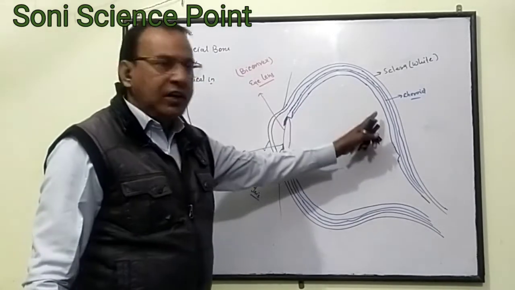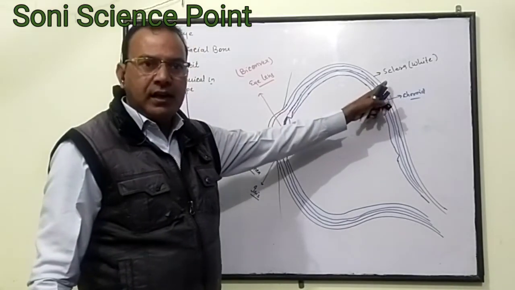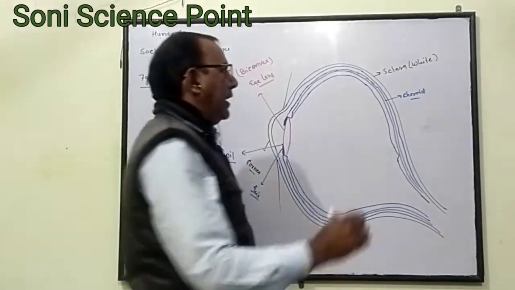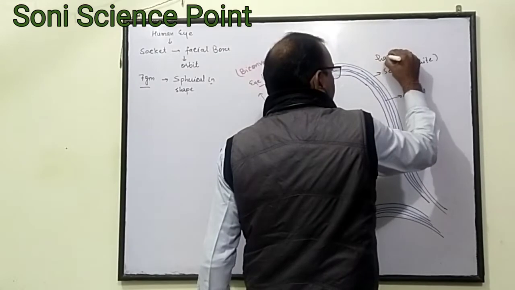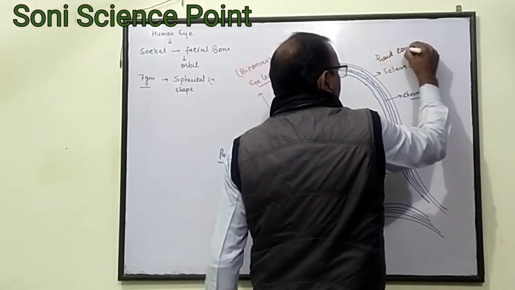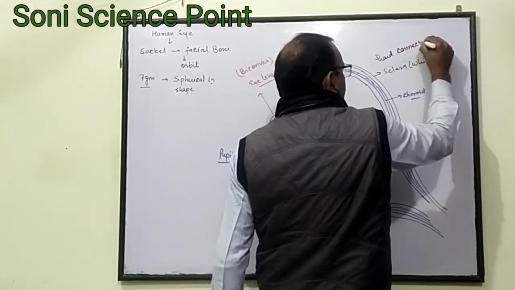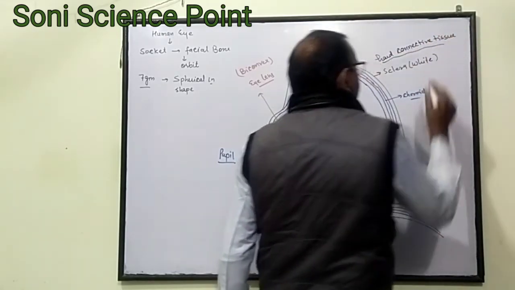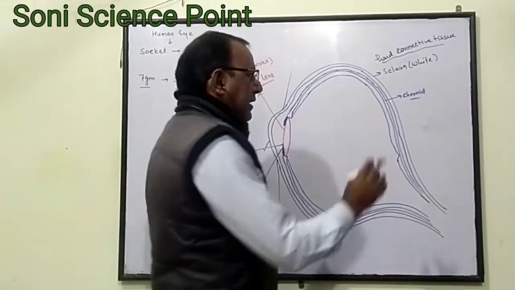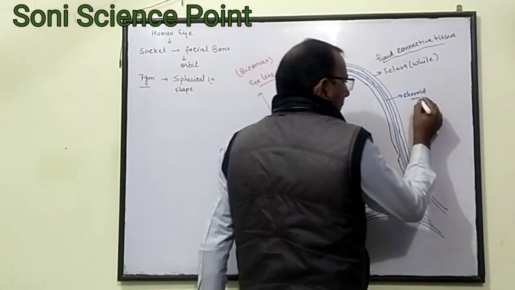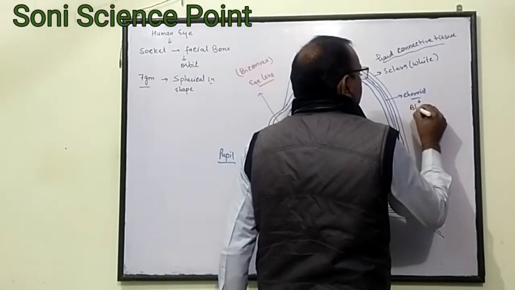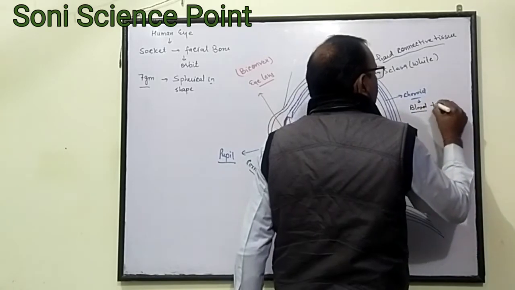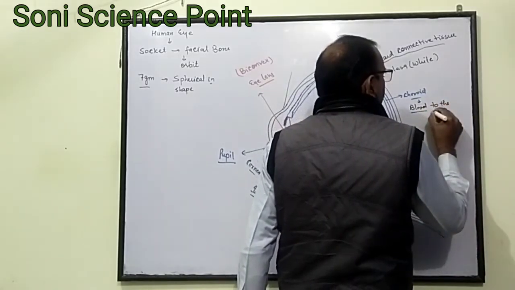The human eye is protected by three layers. The outermost layer is called sclera, which is white in color and made up of hard connective tissue. The second layer, which is bluish in color, is called choroid, and it provides blood to the human eye.